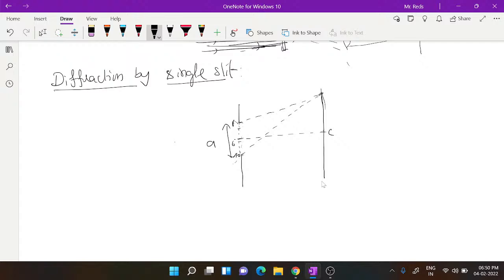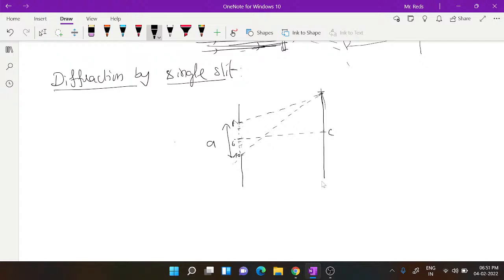So each pair of these waves will give destructive interference and hence zero intensity, or minima. The interference intensity due to a few sets of these pairs will cancel out and only a few will contribute, so we get diffraction minima here.